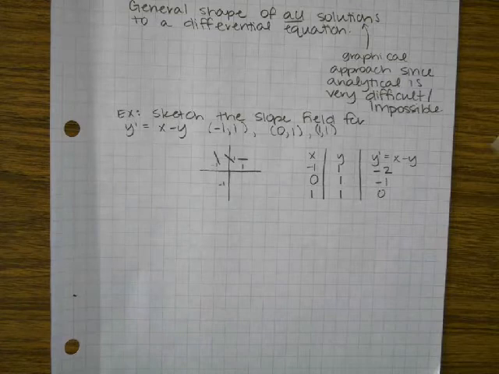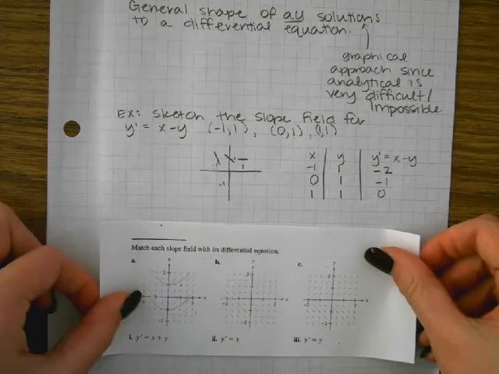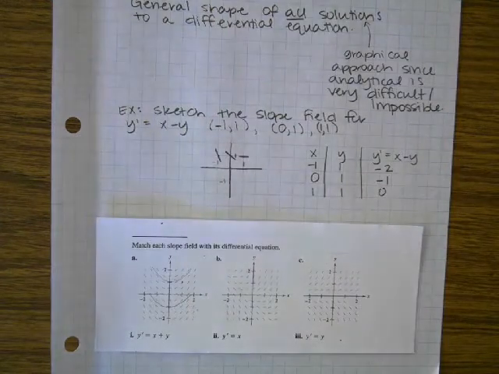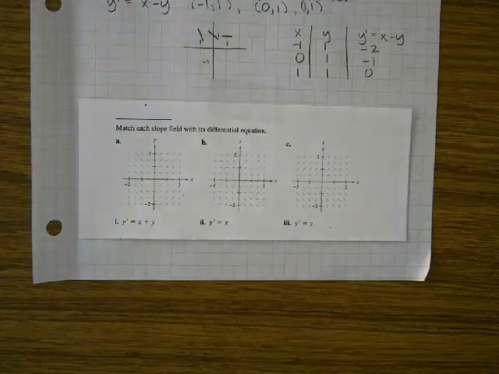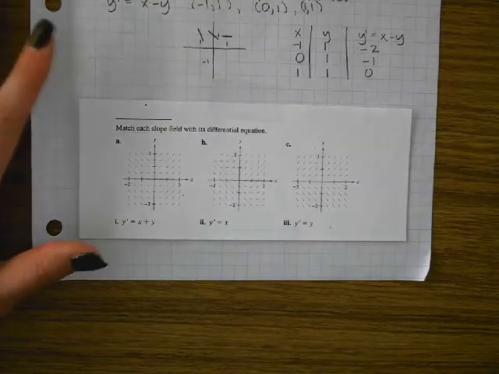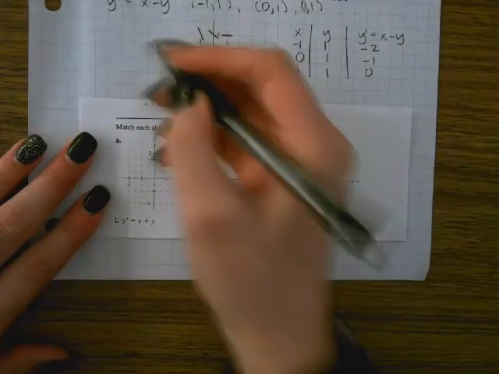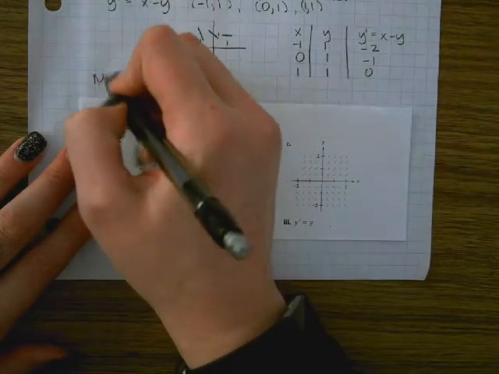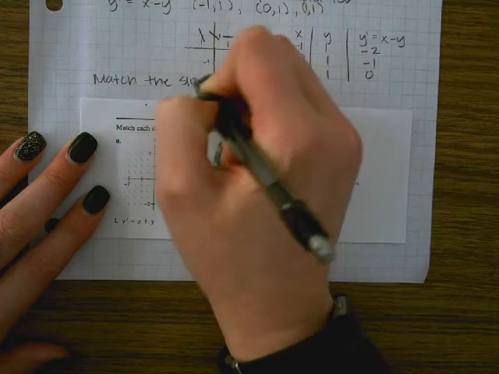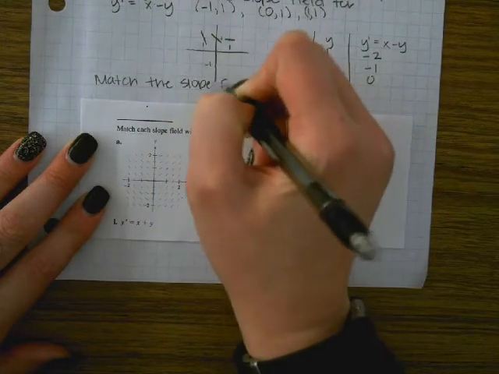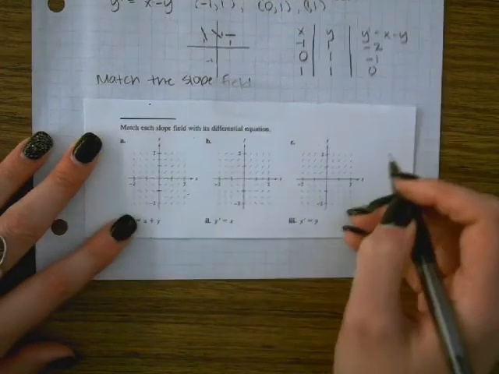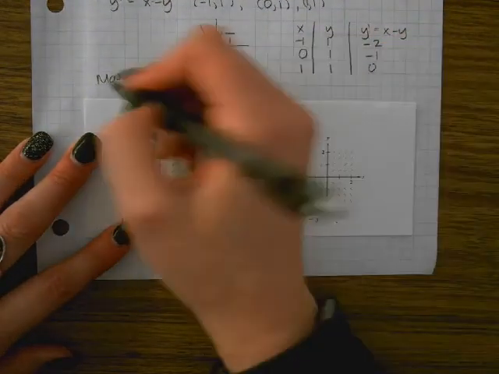All right, this is the point where we're going to take this little piece of paper and stick it on our notes. I'll come around and give you some tape. Okay, so the instructions for this are to match the slope field with its differential equation.